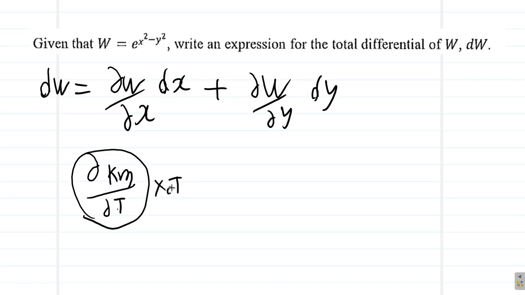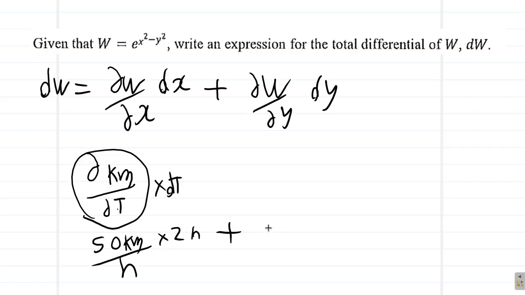Alright? D time, the change in the first leg of the journey. You traveled at 50 kilometers per hour for 2 hours.